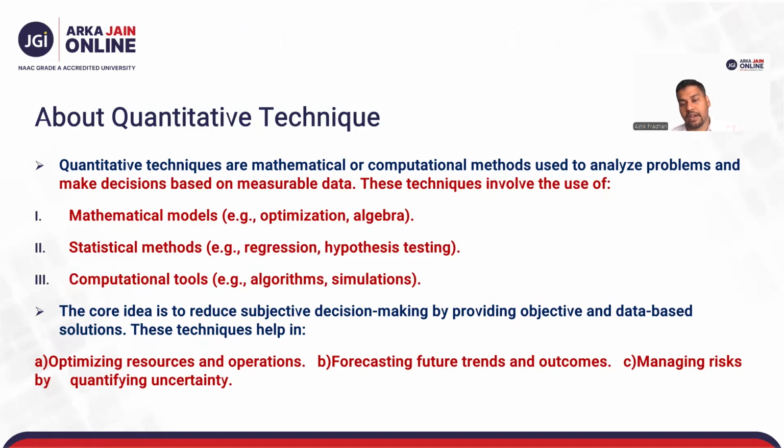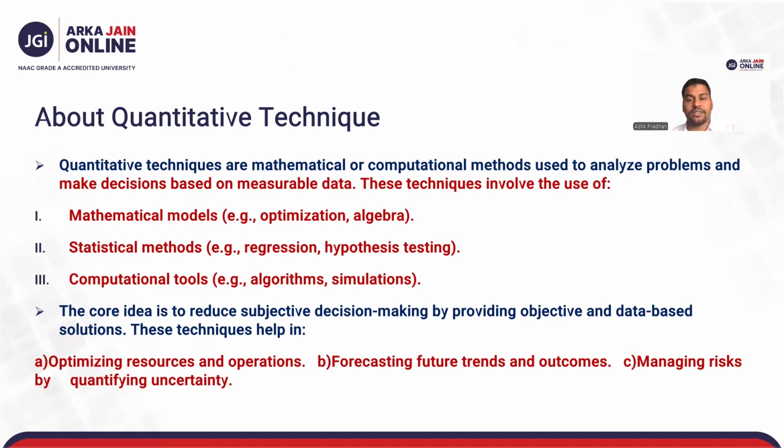So I'm repeatedly saying the same. For optimizing the resources, of course, for the welfare and growth of the organization with a limited number of resources, it is very important to use them in a better way, in an efficient way. So for optimization of the resources and operations, quantitative techniques can really help.